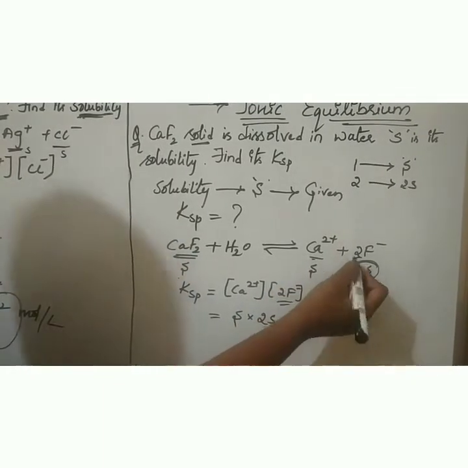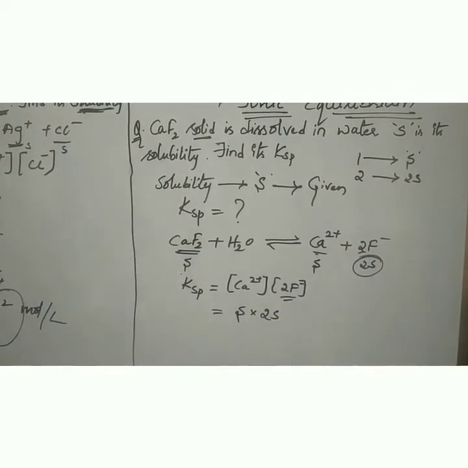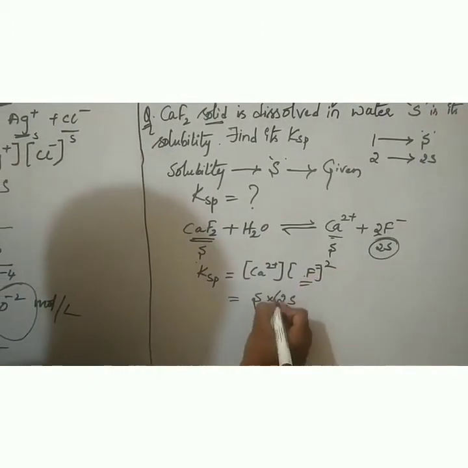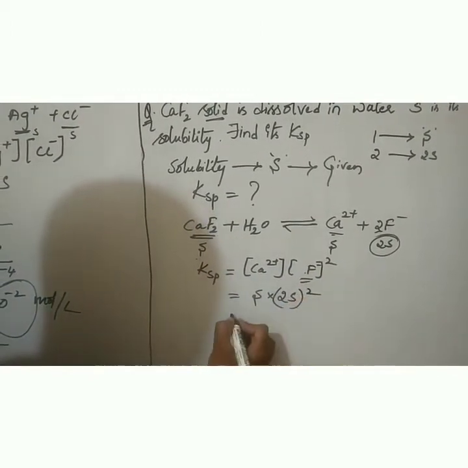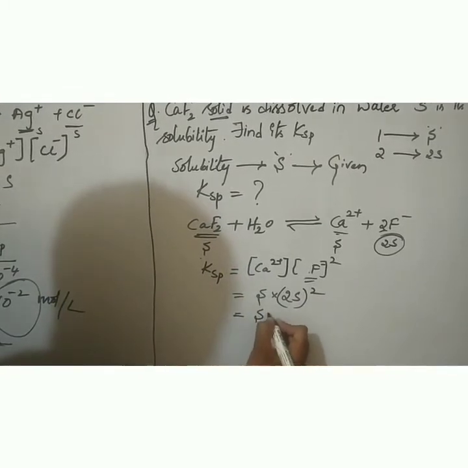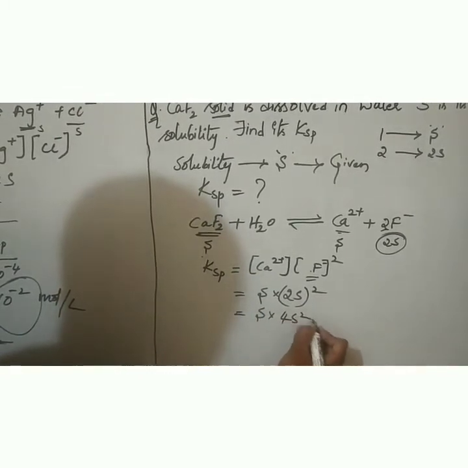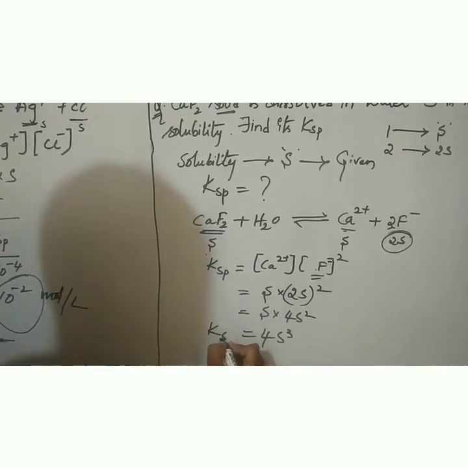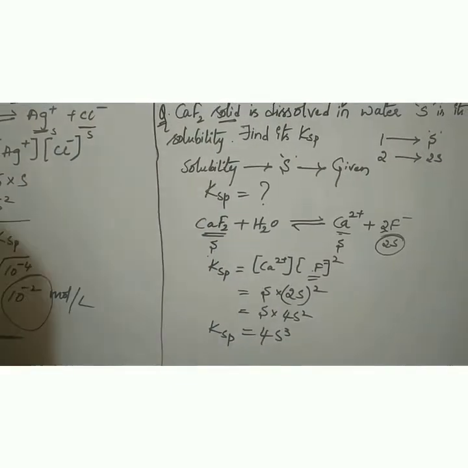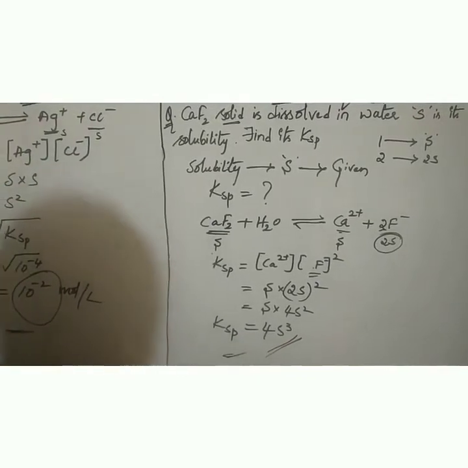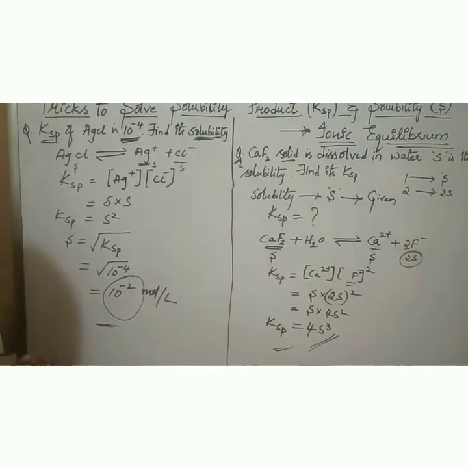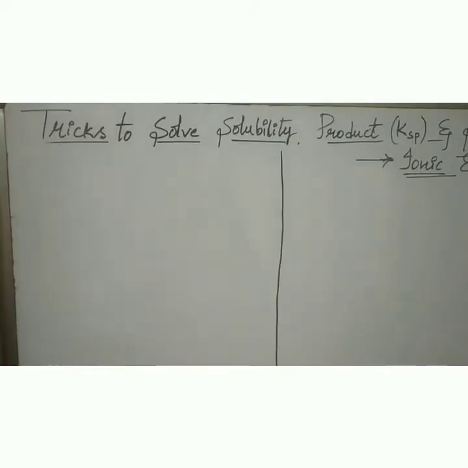If the stoichiometric ratio is there, it should be raised to 2, right? S into 4S square, that is 4S cube. The solubility product is 4S cube. Understood? If the question is given, you can easily solve the problems.